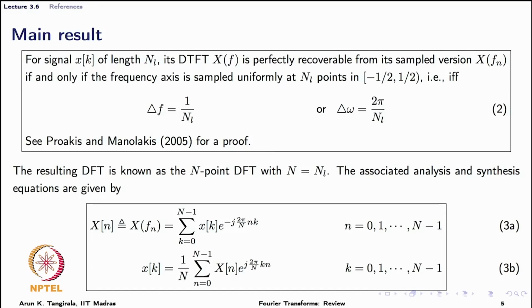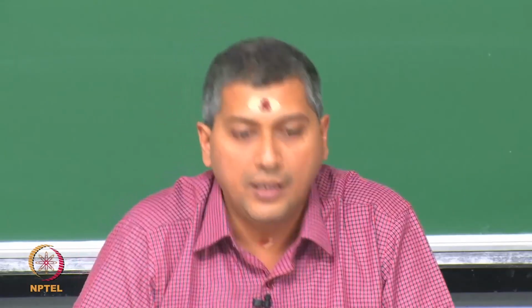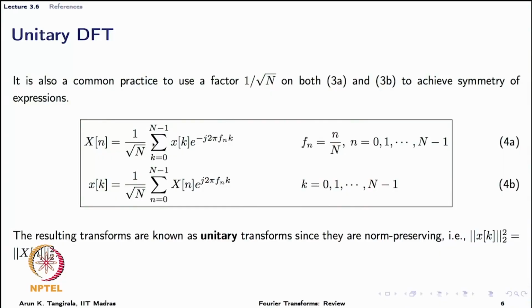I just need to write one algorithm and change the sign here. It is further simplified if you consider what is known as a unitary DFT, where I deliberately introduce a factor of 1 over root N in my analysis equation, so that the synthesis equation also has 1 over root N. This is called a unitary DFT, and the reason is that it preserves the square 2-norm of the signals.